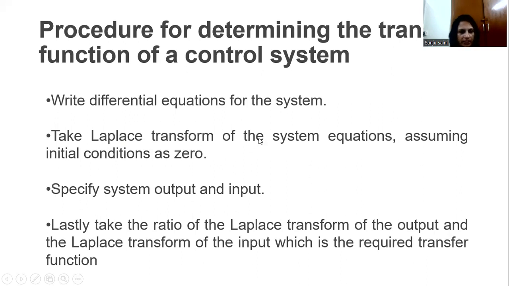So we can solve these equations and get the ratio of the Laplace transform of the output to the Laplace transform of the input as the transfer function. This can be obtained from the equations of step 2.